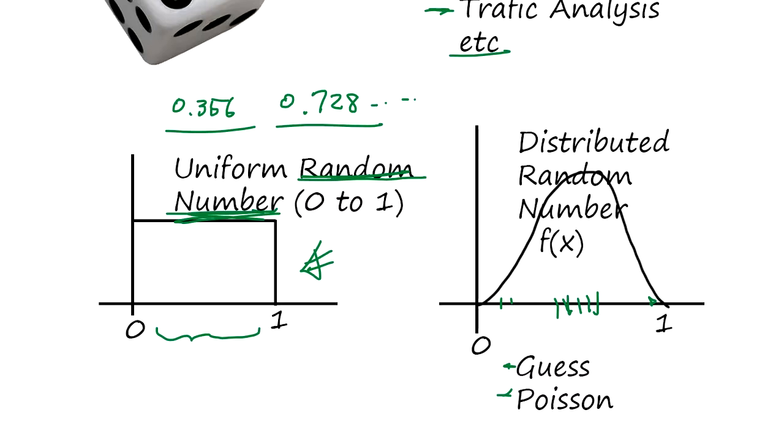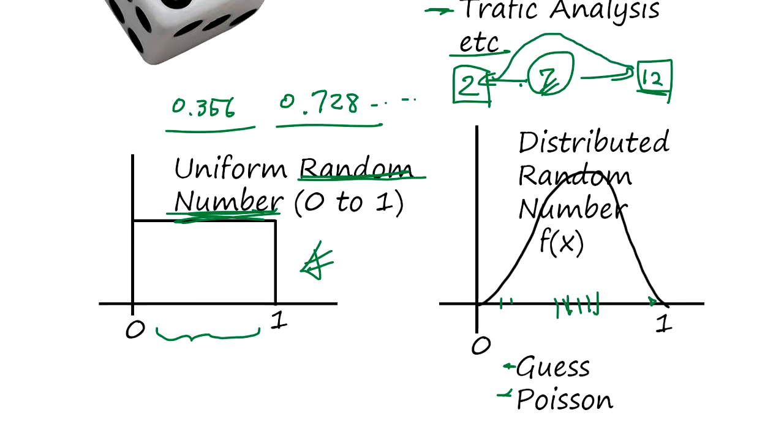For example, if you use the two dice, the most often happen is 7, and 2 and 12 is rare. So you use this number to do simulation, then you have a skewed distribution of random. The result will be different.